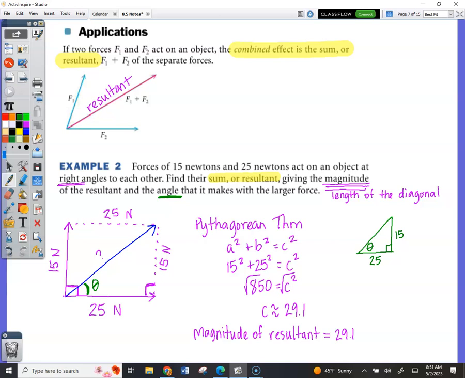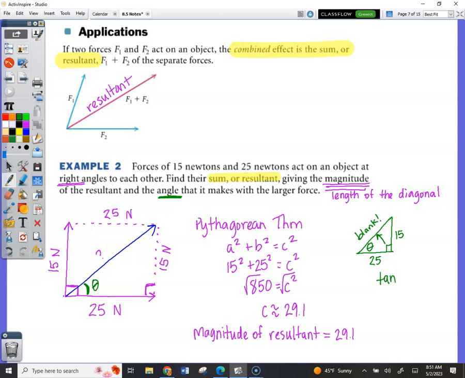Let's remind you how to set it up. Draw an arrow to the hypotenuse so that you can see that we're using what trig function here? Sine, cosine, or tangent. If the hypotenuse is blank, it's always tangent. This is blank. So that tells me I'm using tangent.